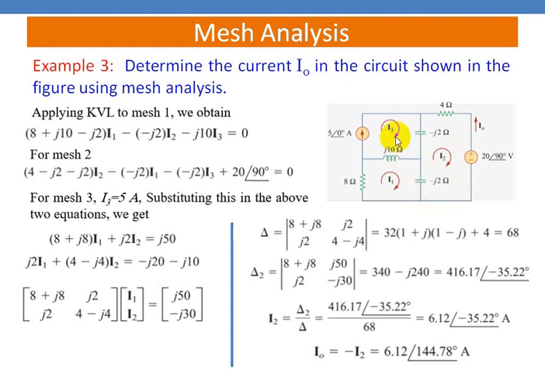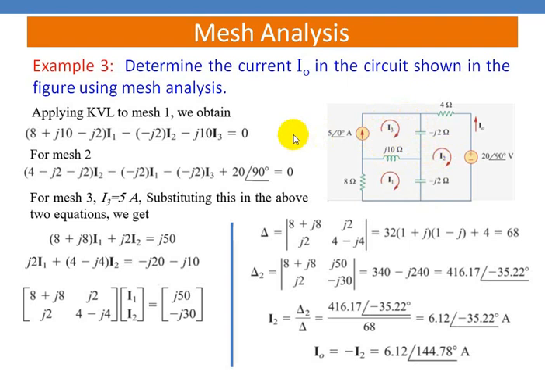Coming here, this element J10 is common between the first mesh and the third mesh. Here I1 is flowing from left to right, and I3 is flowing from right to left, so again the current directions are opposite. Coming to this element, minus J2, it is common between mesh 2 and mesh 3. Again, I3 is flowing from top to bottom, I2 is flowing from bottom to top. The current directions are opposite.